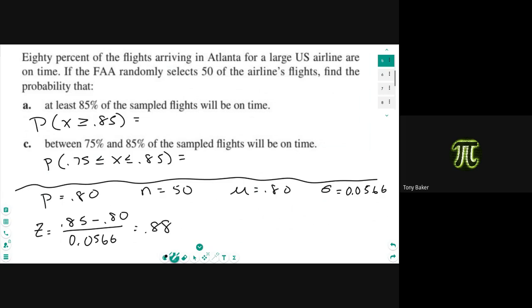So the bottom should be your calculations. If you're not getting those, ask. Now just look at the Z table for 0.88.